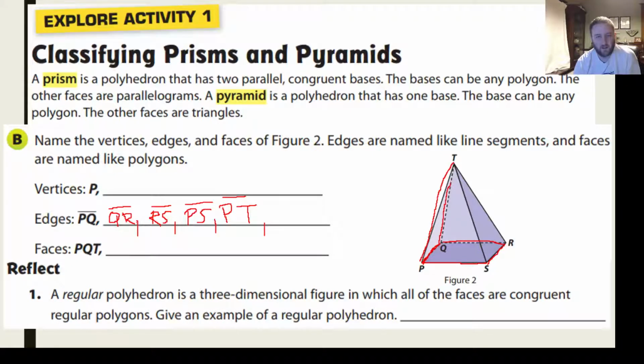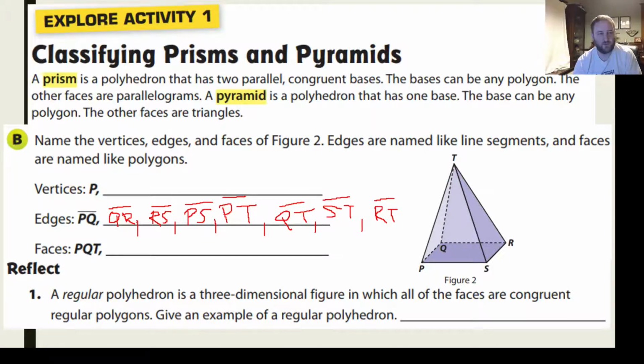We've got QT. Then we've got ST. And then the last we've got line segment RT. Okay. So it's all the edges, all those straight lines that are on the pyramid.